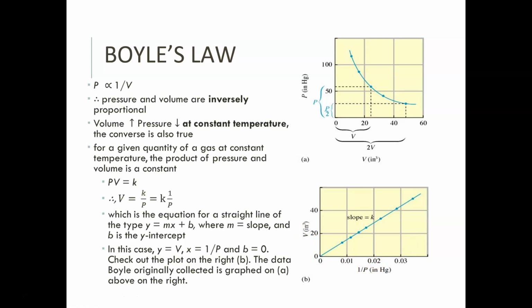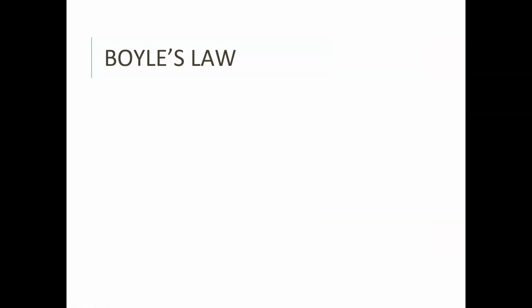We're coming up with the same kind of idea. So the easiest way to remember Boyle's Law and to memorize it is P1V1 is equal to P2V2. And you will see all of these gas laws kind of have the same kind of structure. And as long as we're following the structure, we should be okay.